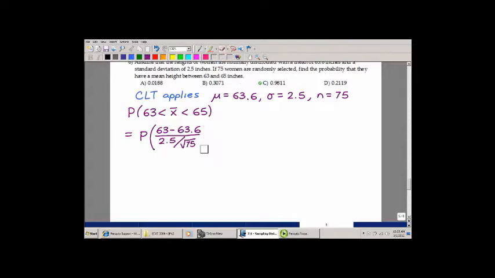Oh, closed that off too soon. Which is Z, which is 65 on the high end, minus 63.6, divided by 2.5 over the square root of 75.